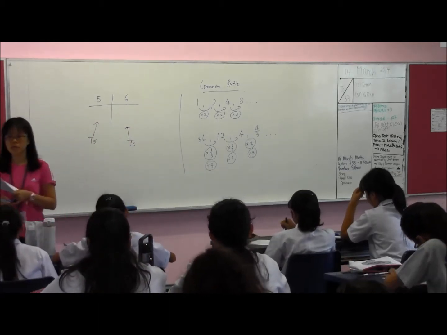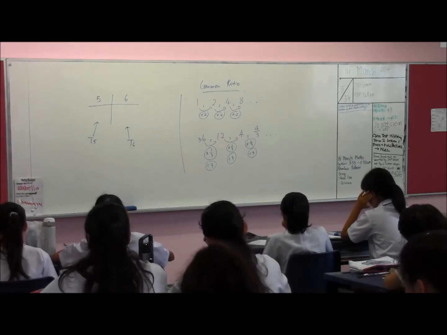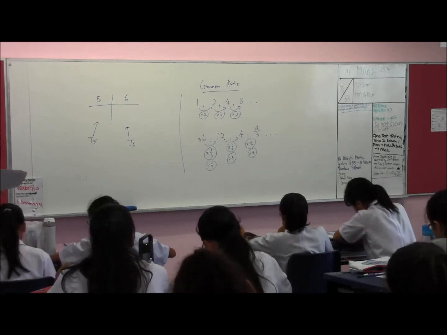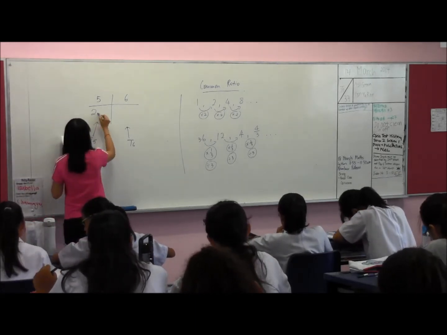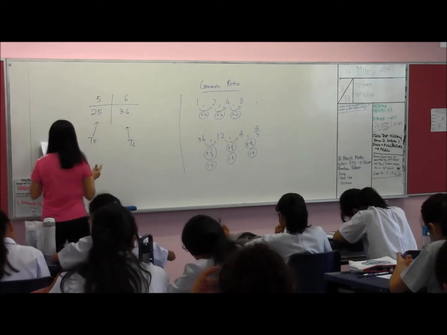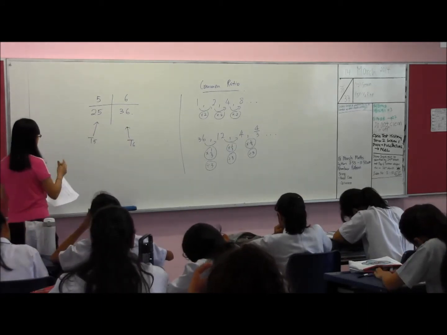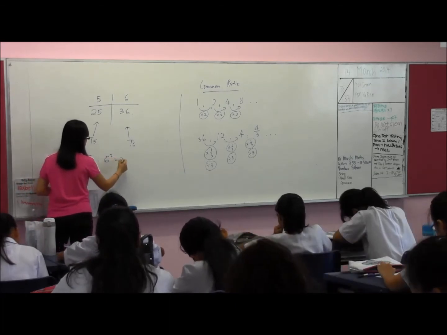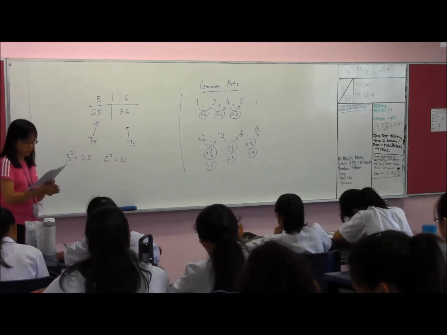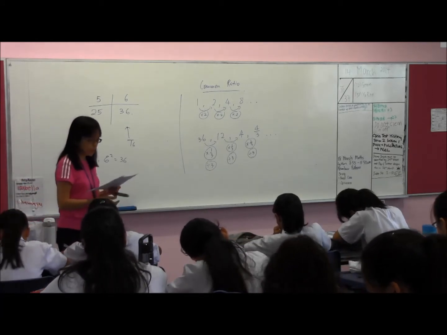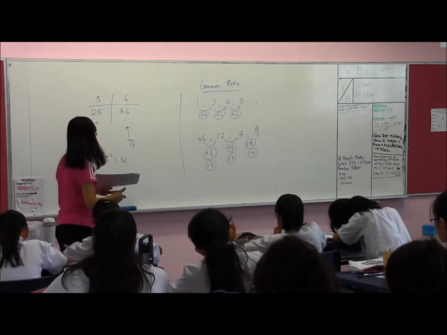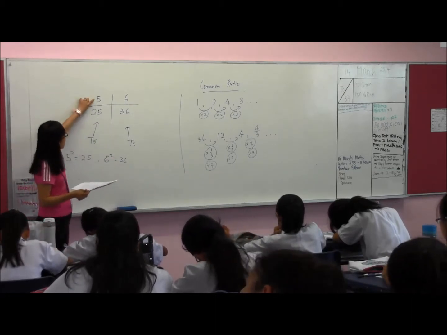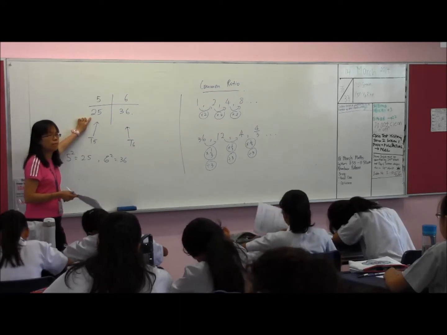So do you know what it is? By looking at the pattern, 5 squared is 25, and the other one, 6 squared, is 36. So in your description, you can write that 5 squared is 25 and 6 squared is 36. That means you square the n. When n is 5, you take 5 and you square it, you get the term 5.